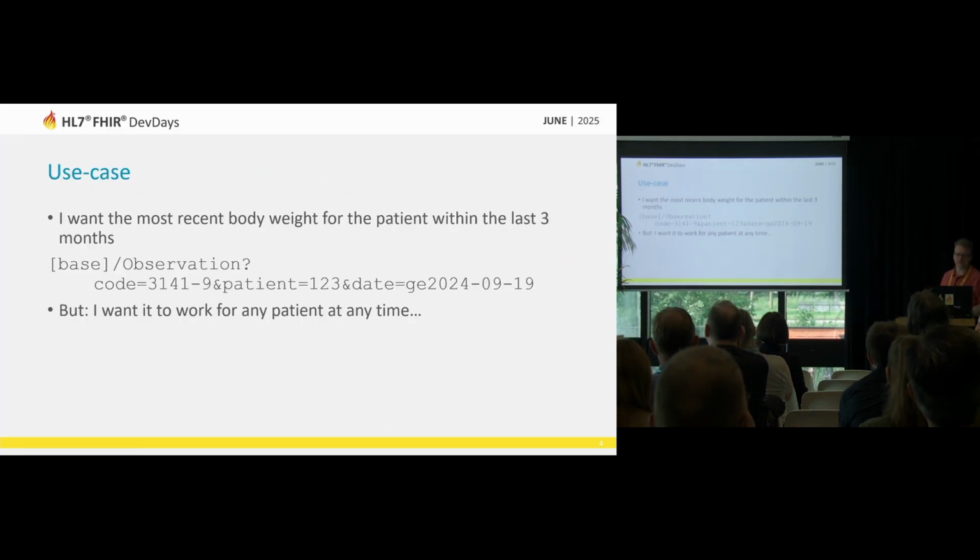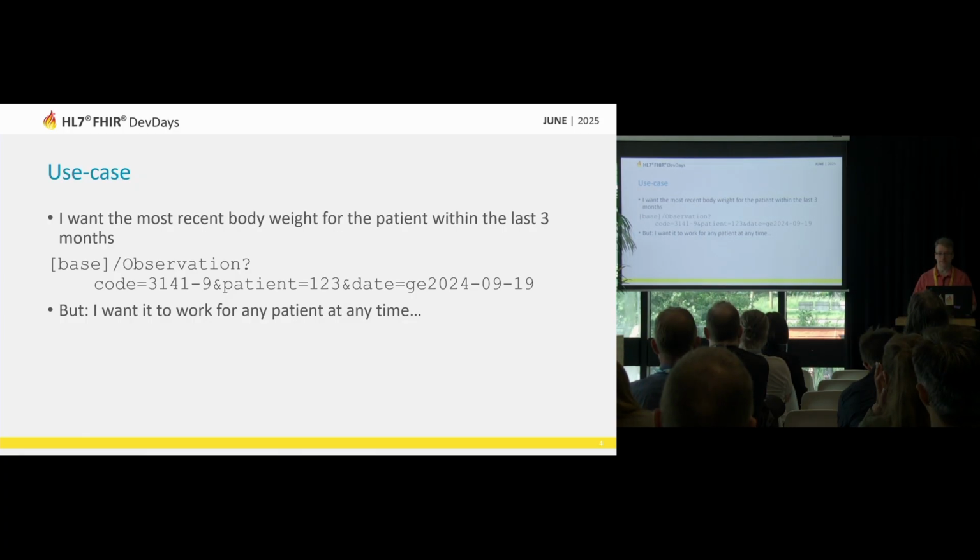The use case for x-fhir-query is that you want to define a standard query that's going to be executed by a server or a client at some point. But the set of data that you want requires that the query change when you execute it. So I want, for example, all of the weights for this particular patient over the last 3 months.